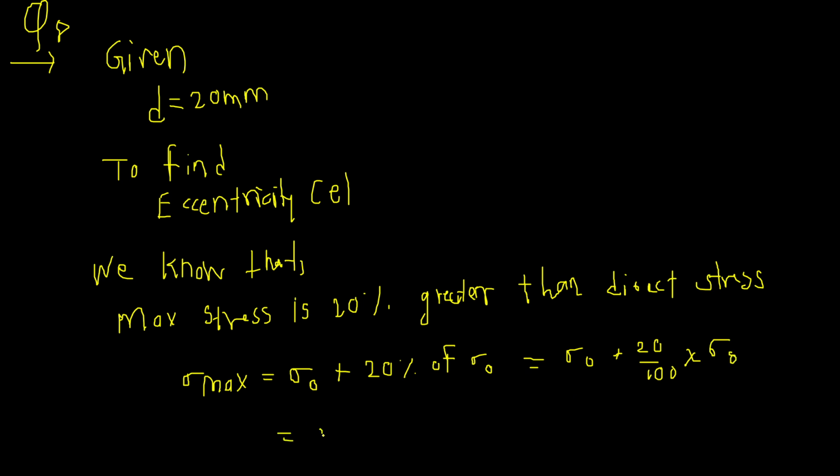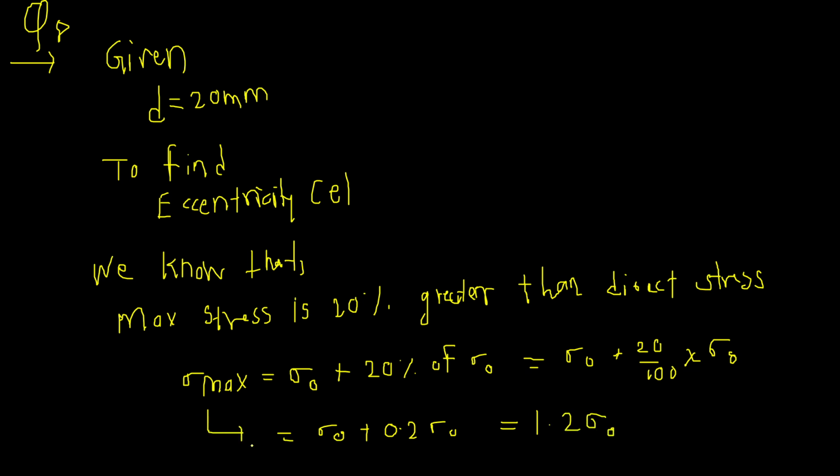So this we can write it as sigma naught plus 20 divided by 100, 0.2 sigma naught. आता sigma naught plus 0.2 sigma naught is 1.2 sigma naught. So this is the condition.